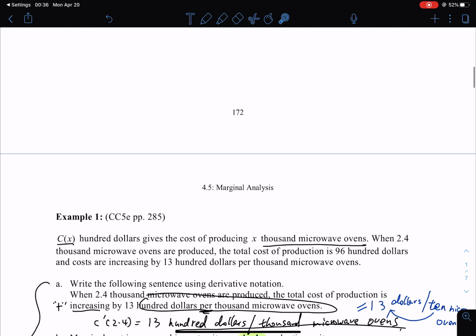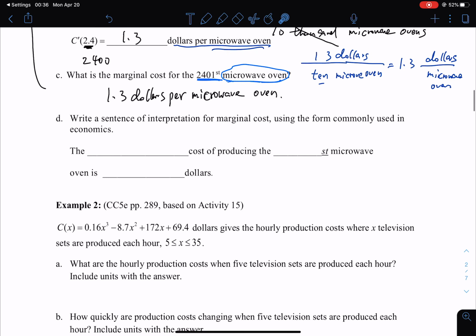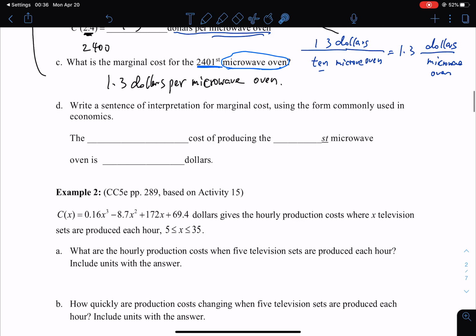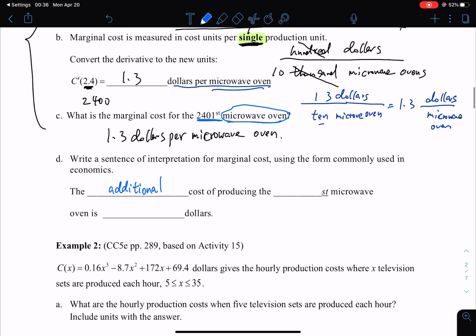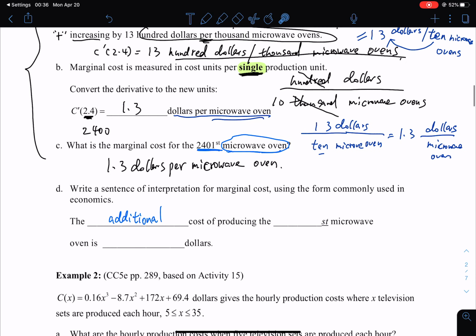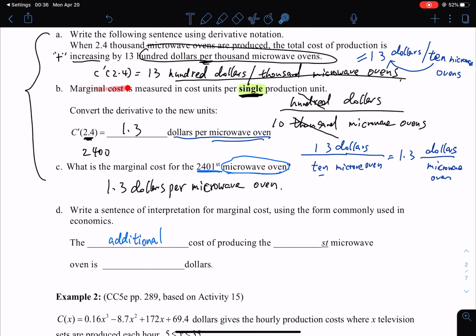All right, so let's go back to question D. For question D, we use the interpretation part. The first keyword is additional. For this one, we are going to interpret C prime of 2.4, and we know this one is the same as that one.